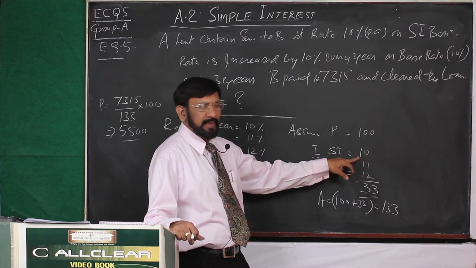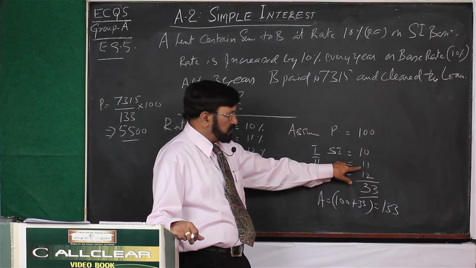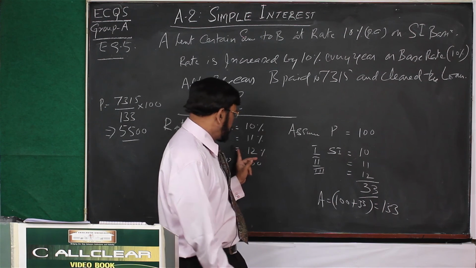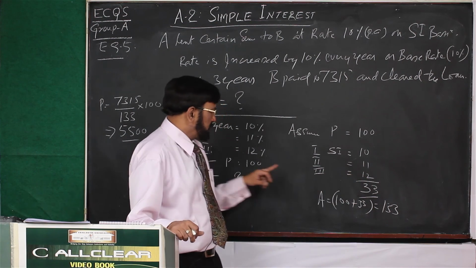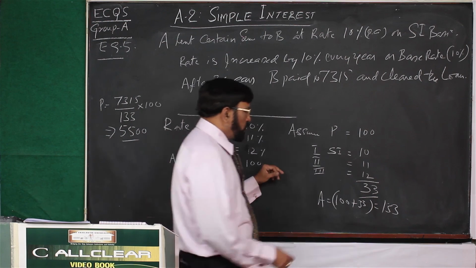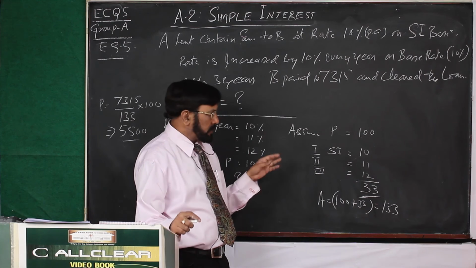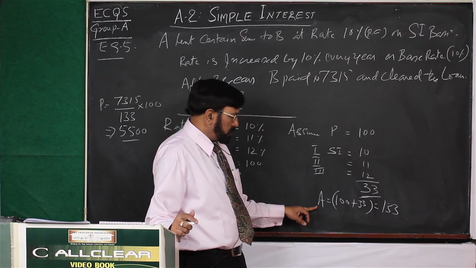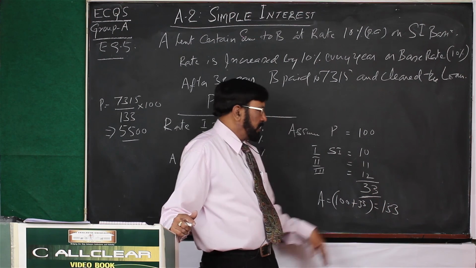So, first year it fetches 10 rupees interest, and second year it fetches 11 rupees interest, because interest rate is increased to 11%, and third year it fetches 12 rupees, as the interest rate is increased to 12%. Totally the interest earned is 33 rupees on 100 rupees. So, amount is 100 plus 33, 133.